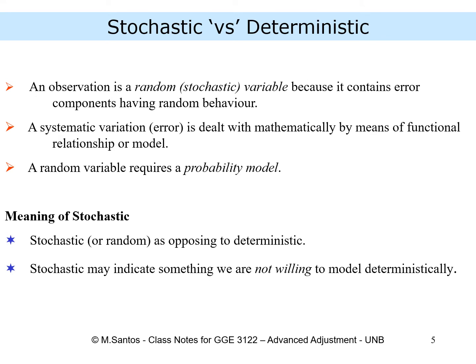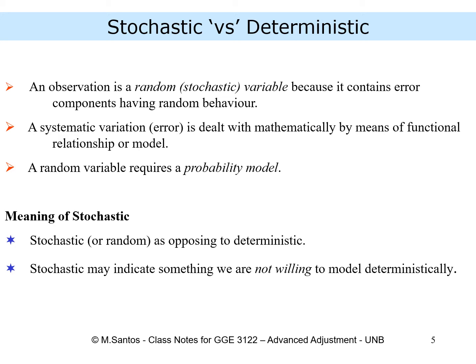An observation is a random or stochastic variable because it contains error components having random behavior. While a systematic error is dealt with mathematically by means of functional relationships or model, a random variable requires a probability model.